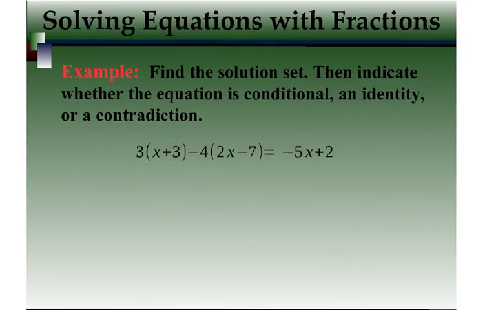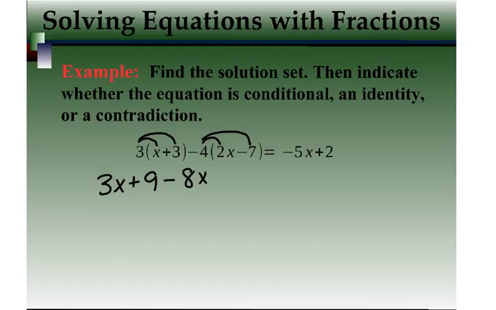Okay, we've covered conditional and identity, so you can guess what this is going to be, but let's solve it out anyway. So we're going to use the distributive property twice on this side of the equation, and this is what we're going to get: 3x plus 9 minus 8x.